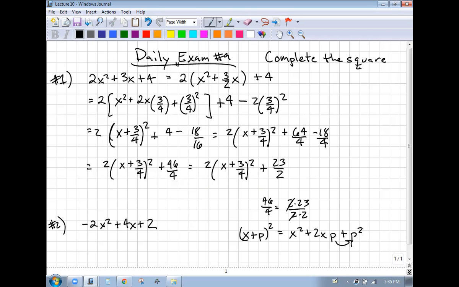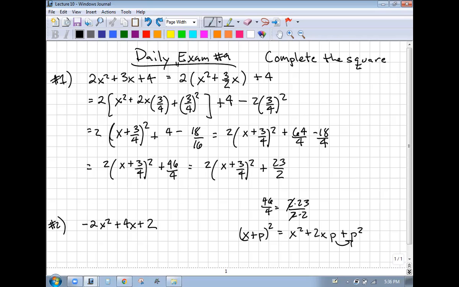All right, assuming I didn't make any mistakes, let's check our work here. I pulled the 2 out of here, so this is x squared plus 3 halves, and 2 times 3 halves is 3x. That's right. I kept my 4 over here. This guy I rewrote as this, so 2 over 4 leaves me a 2 on the bottom, a 3 on the top. That's correct.